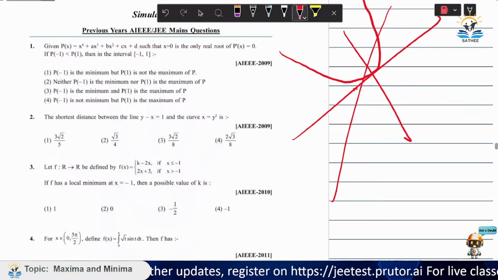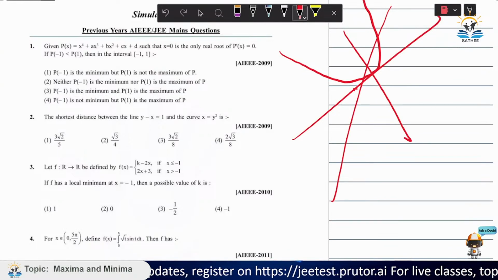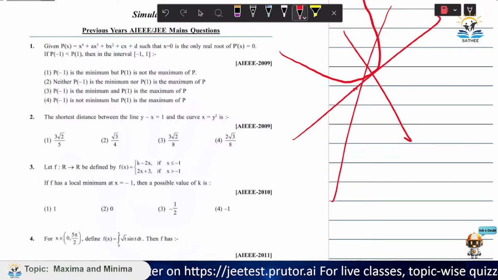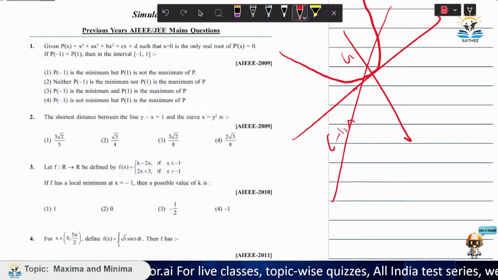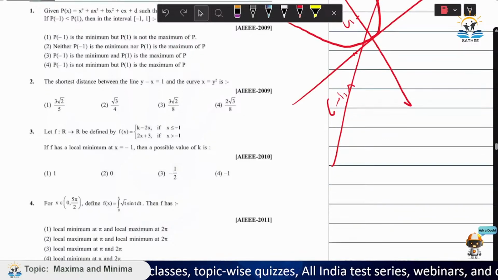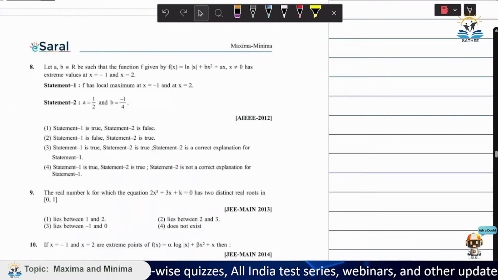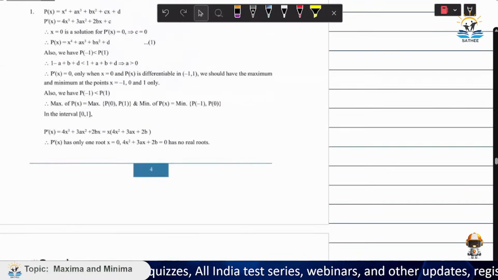Because at x is equal to 0, we have y is equal to 1, and at y is equal to 0, we have x is equal to minus 1. So it intersects the graph, so it is not correct. Let's check out the solution once so we'll get an idea. Is the given question correct or not?